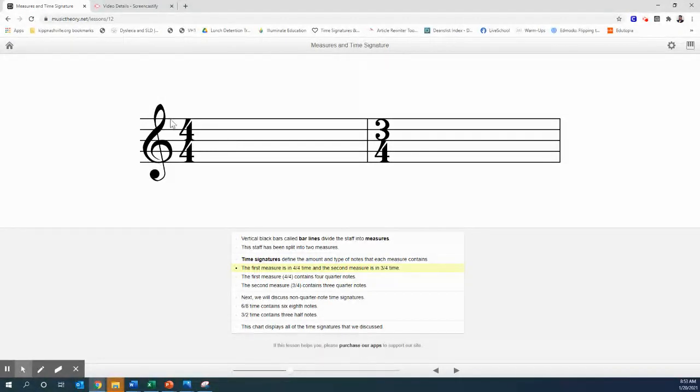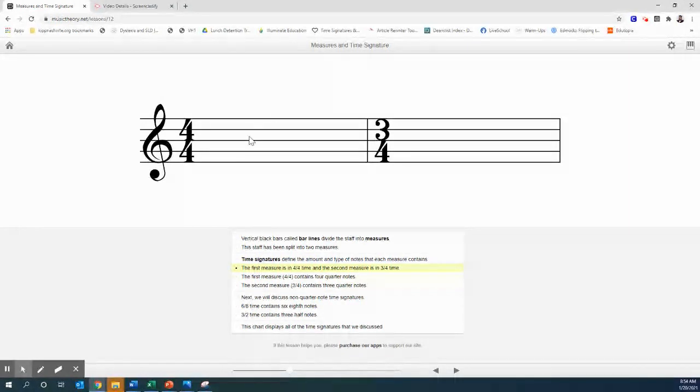So in the first measure right here, that means we get 4 beats per measure. In this measure, we get 3 beats per measure. As we know, a whole note equals 4 beats by itself.